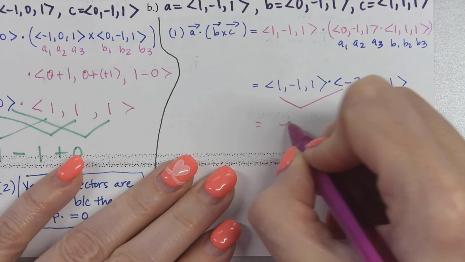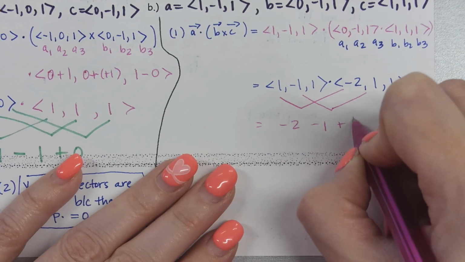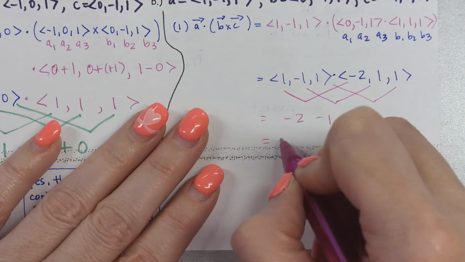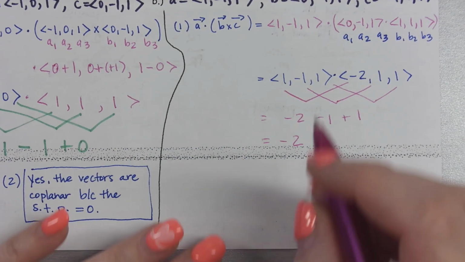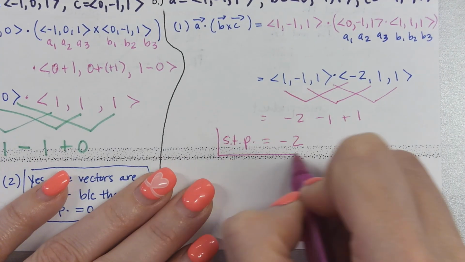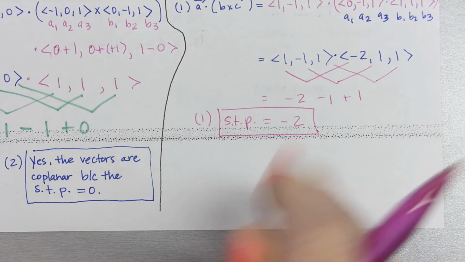So you got -2, -1, +1, to get -2 overall. That is your scalar triple product. Okay, -2. And that's step 1.